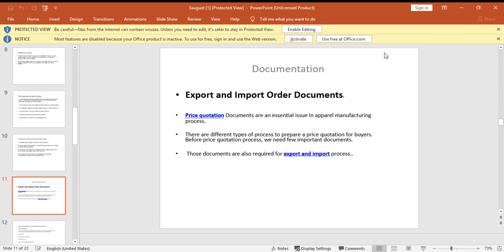And in export pricing, documentation is very important, which is going to help in maintaining the cost sheet order. That is export and import documents.